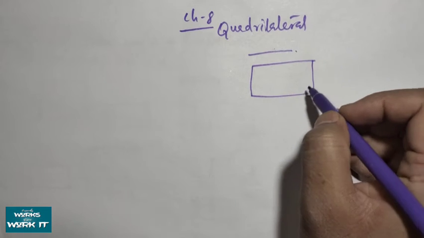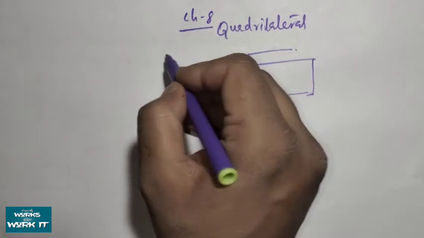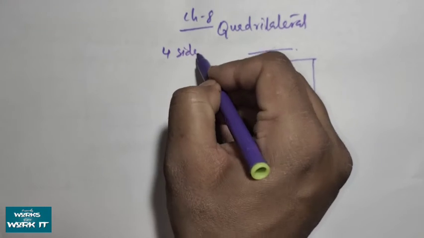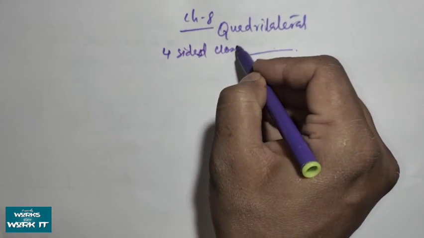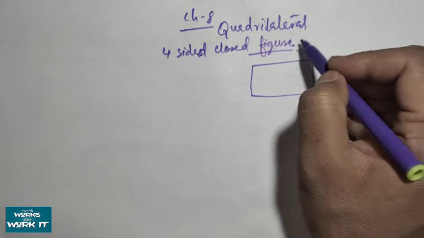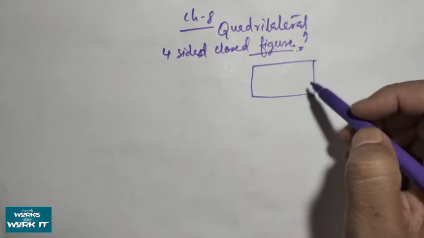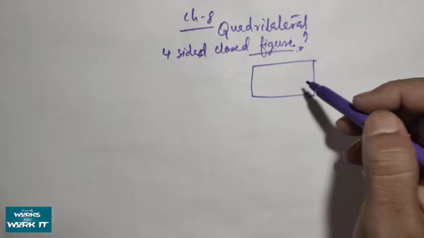If I draw this one, any four-sided closed figure is called a quadrilateral. And this is a simple example. I have drawn a diagram here.